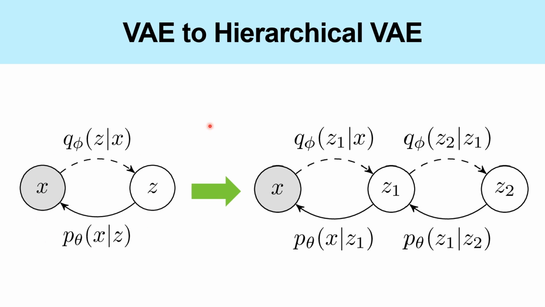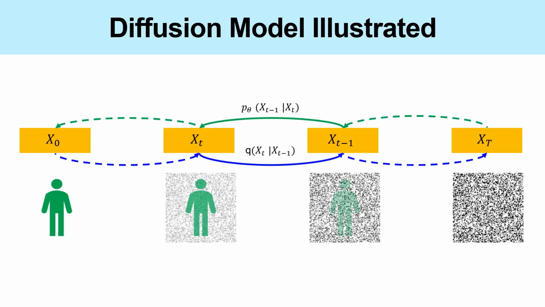Computationally, we can consider the diffusion model-based generative AI model as a hierarchical variational autoencoder with many stages. And we can visualize the process as follows. You have an original image X0 from a data distribution. You keep adding Gaussian noise.